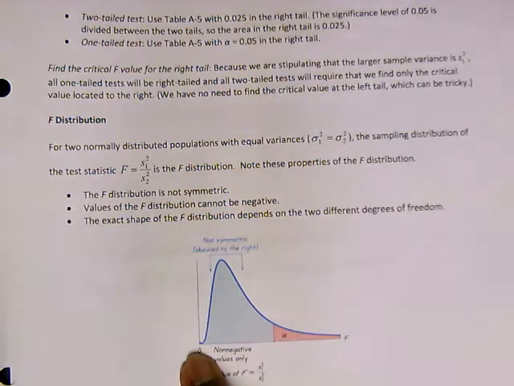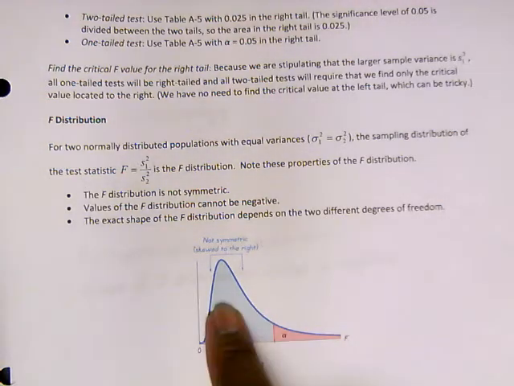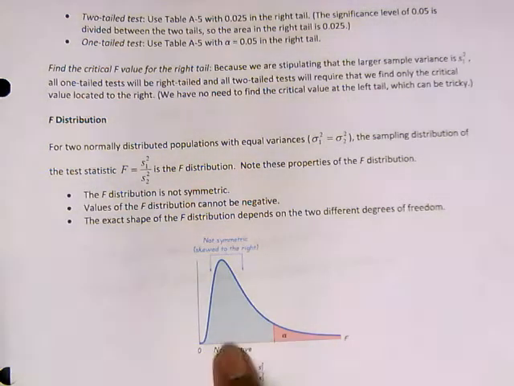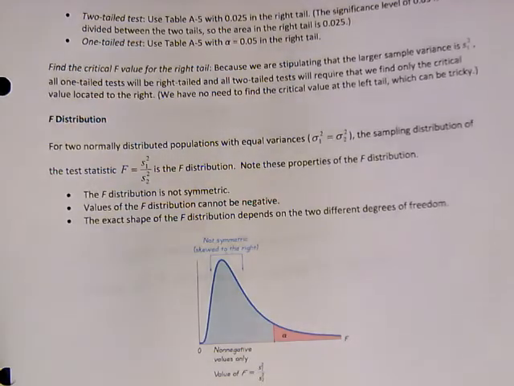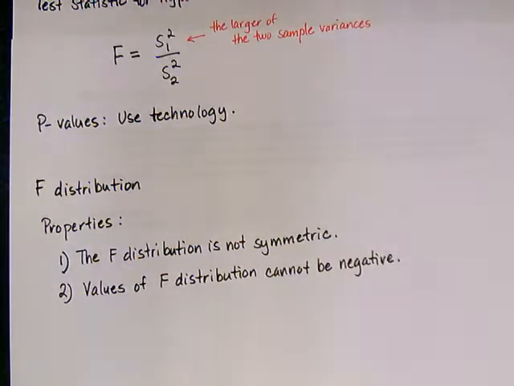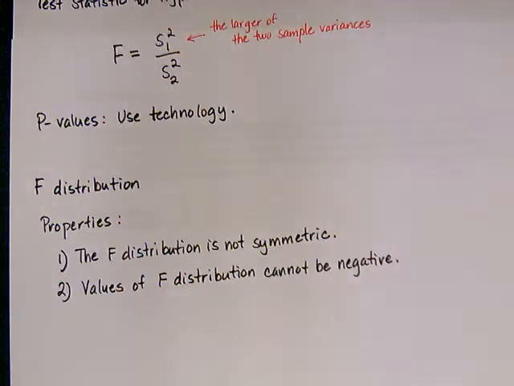With the normal distribution, you have negative and positive values on the left and right sides. But in this case, since it's positively skewed, your values start at 0 and go on up. It's never negative.